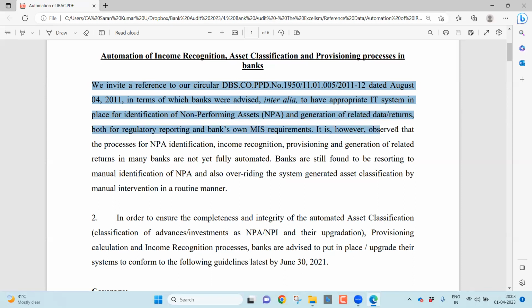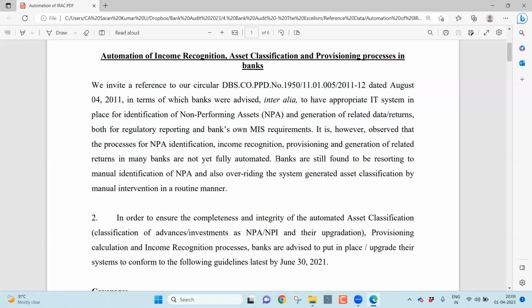It is, however, observed that the process for NPA identification, income recognition, provisioning, and generation of related returns in many banks are not yet fully automated. This is very important. Banks are still found to be resorting to manual identification of NPA and also overriding the system-generated asset classification by manual intervention in a routine manner.